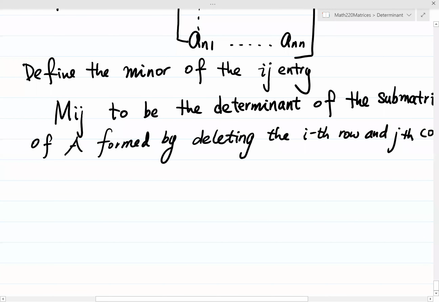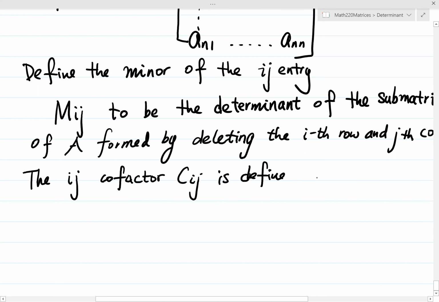So for example, and then the cofactor. The ij cofactor Cij is defined as (-1)^(i+j) times Mij.